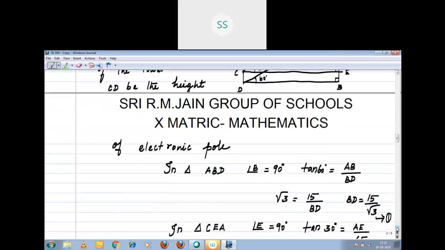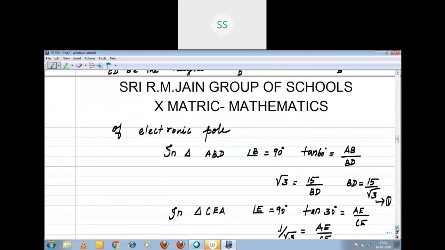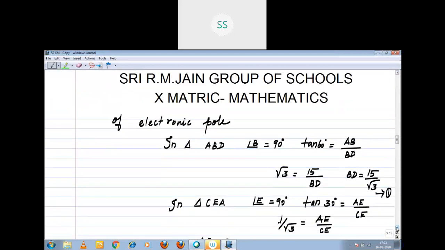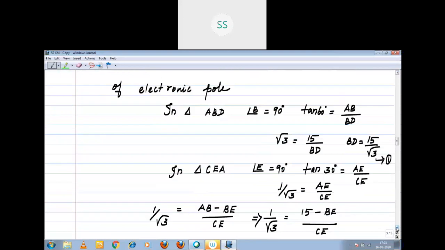Sorry, I'm scribbling. In triangle ABD, angle B equal to 90-degree, tan 60-degree equal to AB by BD. AB is given as 15, so BD equal to 15 by root 3. The basement is equivalent to a rectangle, so the opposite sides are equal.